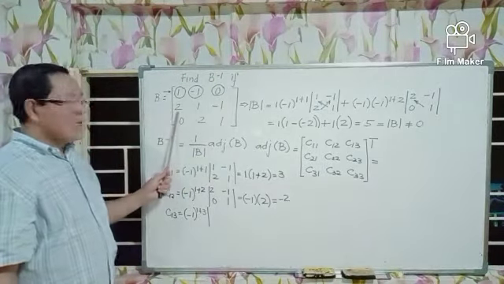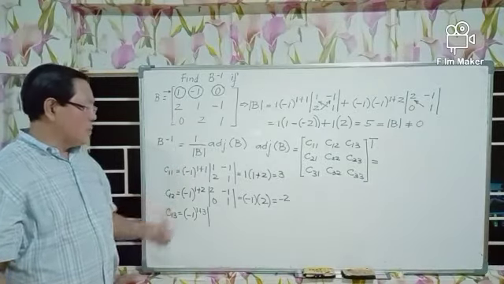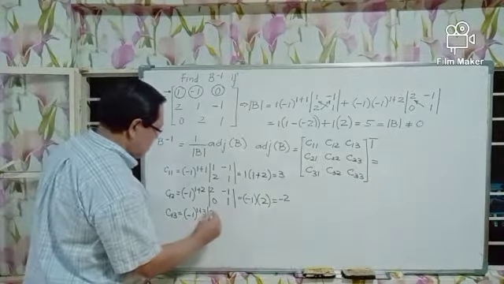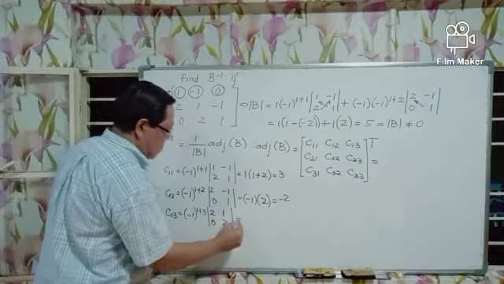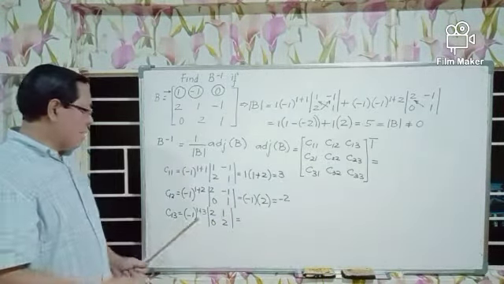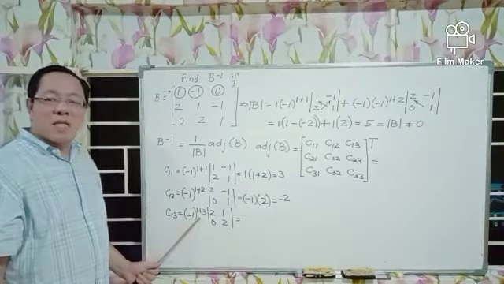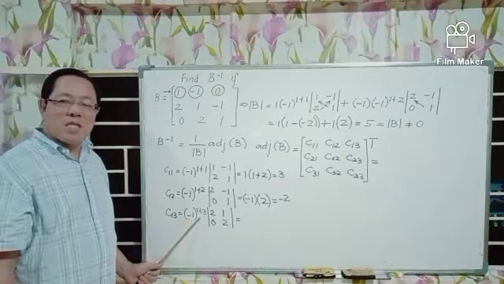And the remaining entries are 2, 1, 0, 2. We simplify. Negative 1 raised to 1 plus 3 is 4. Negative 1 raised to 4 is positive 1.